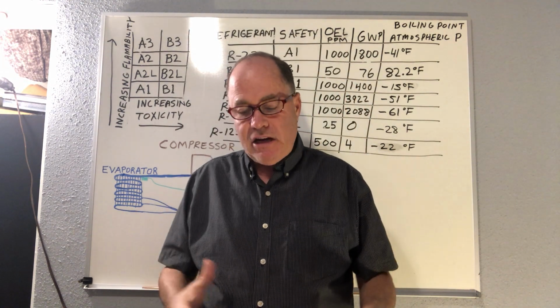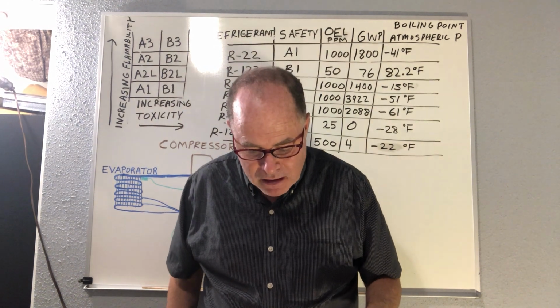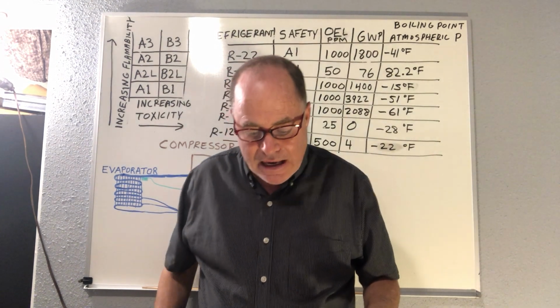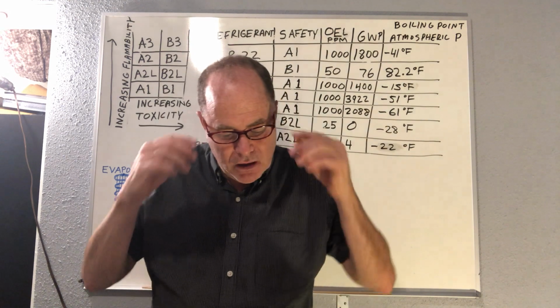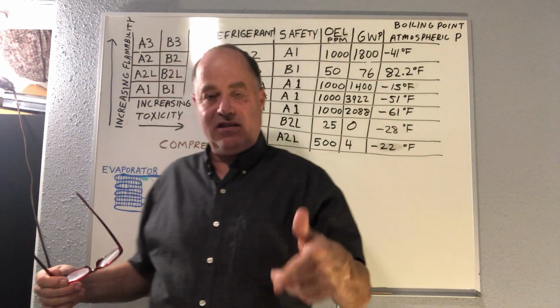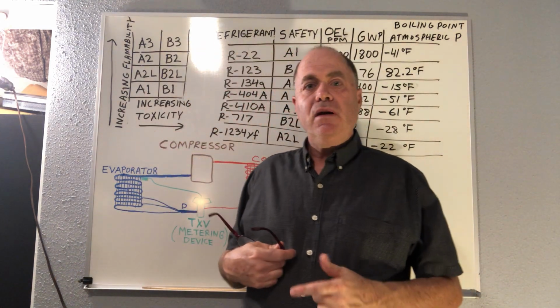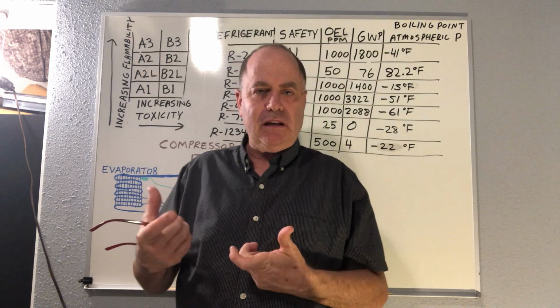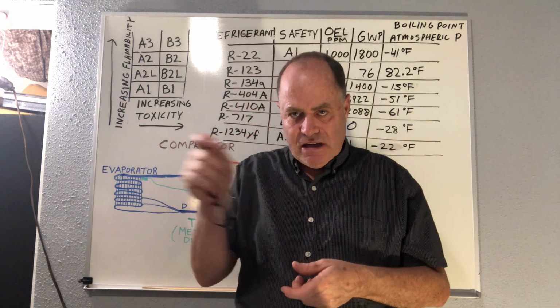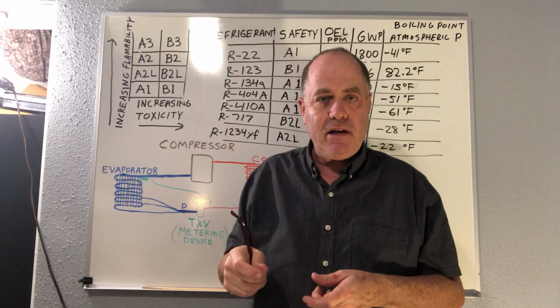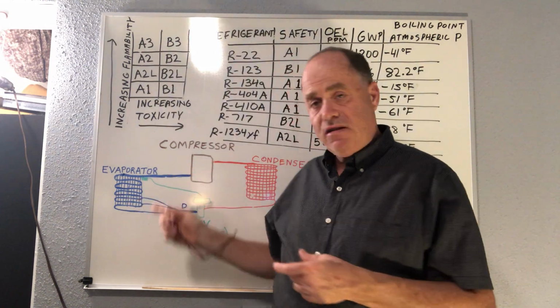We purge with dry nitrogen, we leak check with dry nitrogen, and you're also allowed to add 5% of the refrigerant that's in the system now to leak checks, because we have these electronic leak detectors that sniff a sample of the air around the equipment, around the refrigeration system.